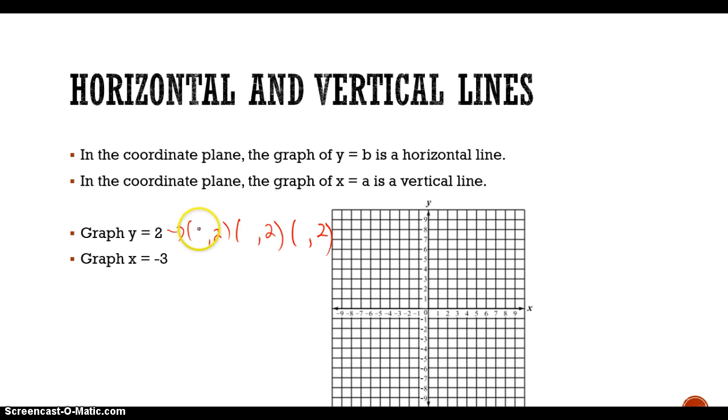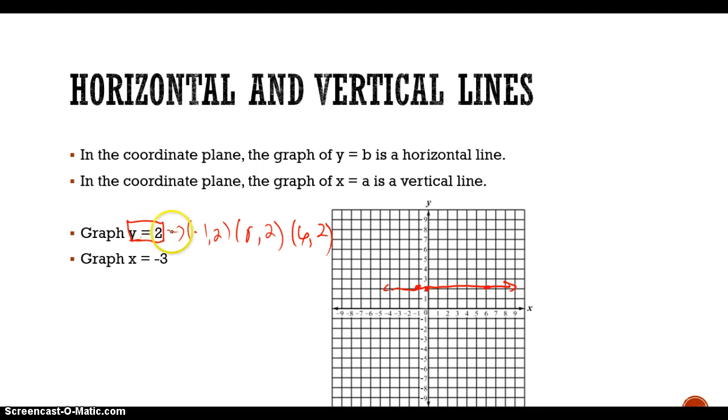So I can plug in -1, I can plug in 0, I can plug in 6. So when I graph this, -1, 2; 0, 2; and 6, 2, I can see that this is a horizontal line. So again, when it's just y alone, there's no x value in the equation, you know that you will have a horizontal line.